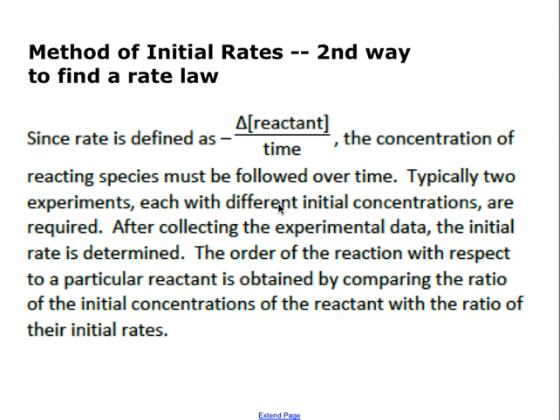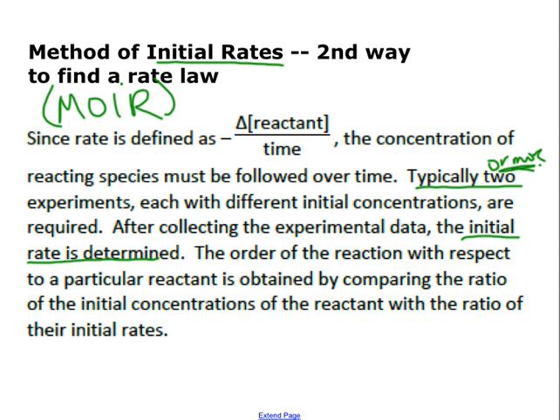So here in the method of initial rates, you have typically two or more experiments run where the initial concentrations of all the reactants are changed, and then after doing some experimentation with those concentrations, the initial rate is determined, and that's where we get method of initial rates. Sometimes people say MOIR to indicate method of initial rates.